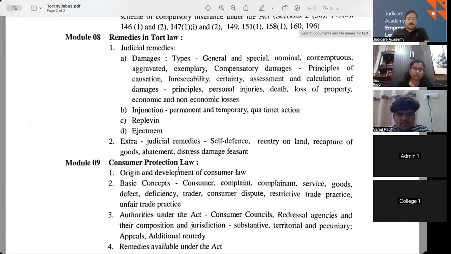So, for example, let's take the case law American Cyanamid Company versus Ethicon Limited, 1975. In this landmark case, the House of Lords established the guidelines for granting interim injunctions, emphasizing that the need to consider the balance of convenience between the parties is very, very important.